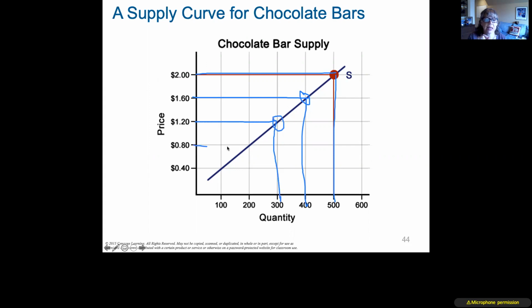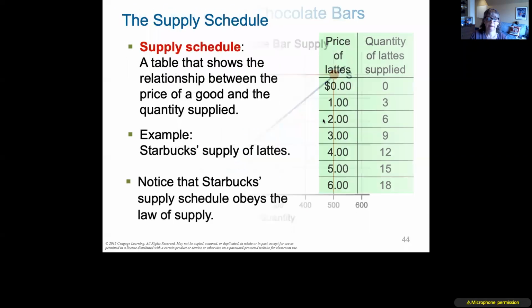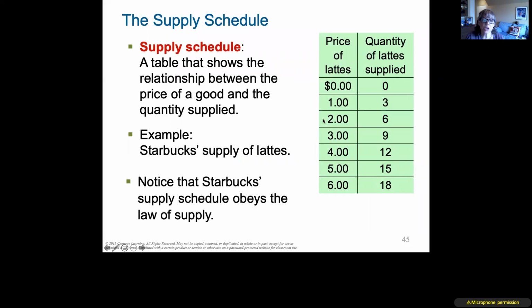At 80 cents, he was willing to supply 200. And then at 40 cents, he was willing to supply 100. We can add those all together and create a supply curve. A supply schedule, as we talked about, is a table that shows that relationship.